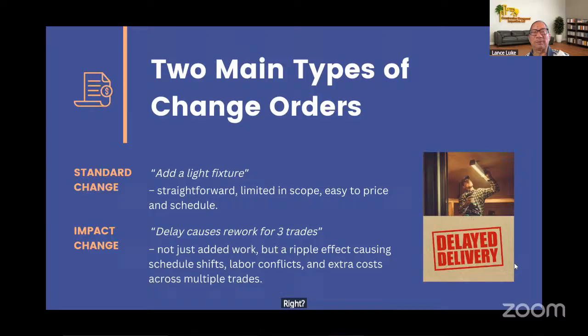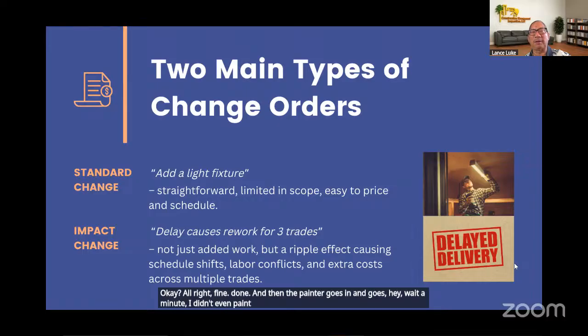And what happens if, let's say the drywall was up, and the electrician has time, so he stops by and installs the light fixture. All right, fine, done. And then the painter goes in and says, hey, wait a minute, I didn't even paint this ceiling. I didn't know there was going to be a light fixture here.